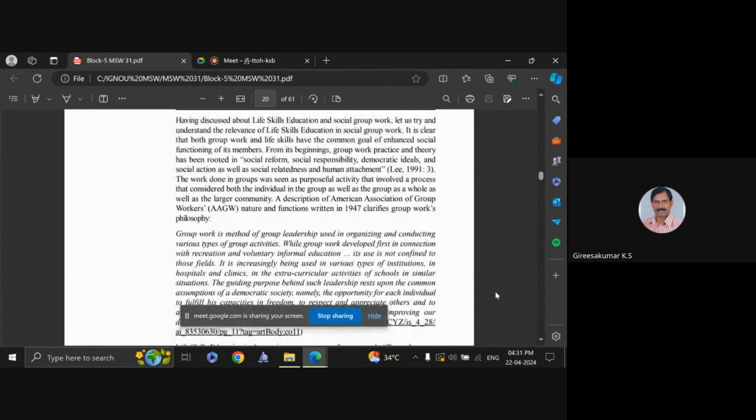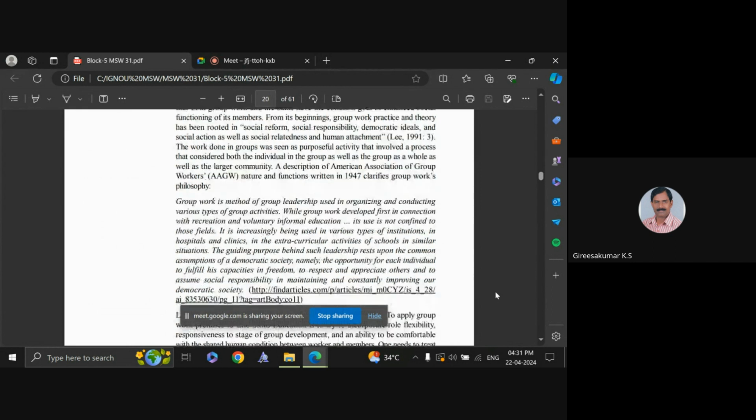Group work is a method of leadership, group leadership, organizing, conducting various types of group activities. That is what group work is defined as here.